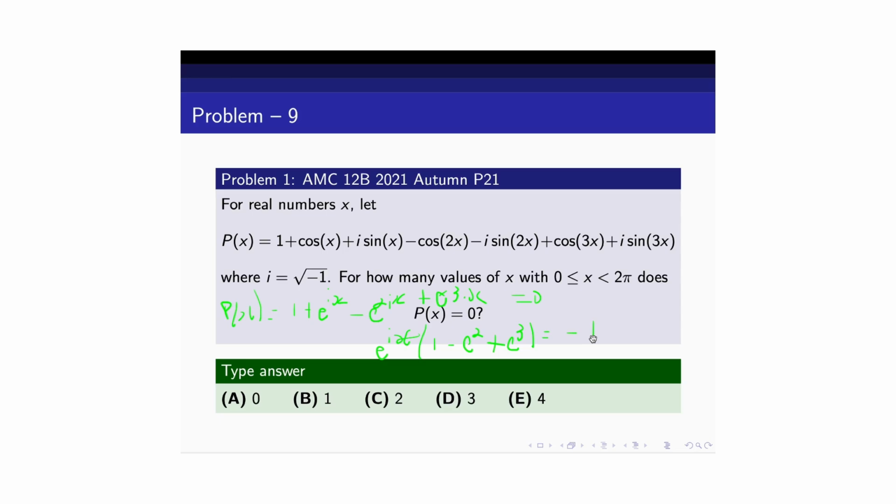It's just a computational problem, right? So in general, does p of x equal 0, okay, minus 1.